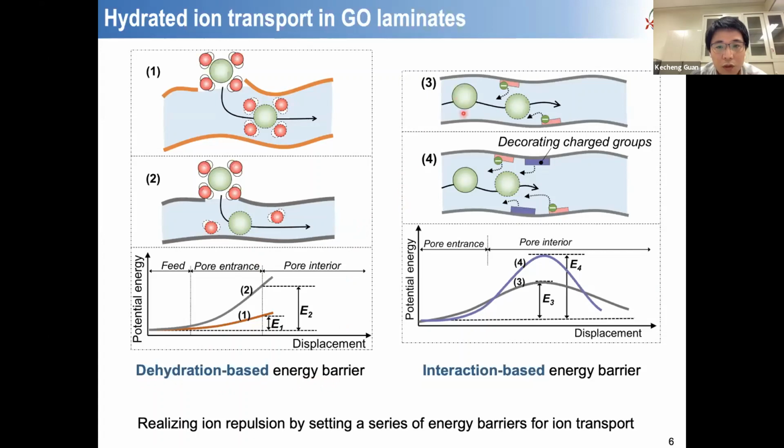And when the ion is transporting inside the nanochannel, the functional groups from the pore wall of the nanochannel will establish some interactions with the ion to retard the ion transport. So this will lead to the interaction-based energy barrier. So if we decorate the pore wall with some favorable molecules with charged groups, we can possibly obtain higher ion rejection.